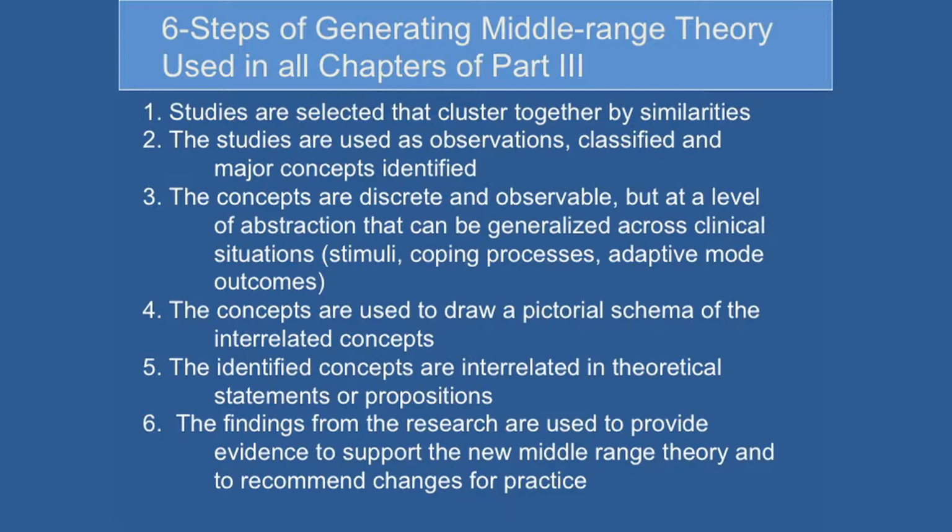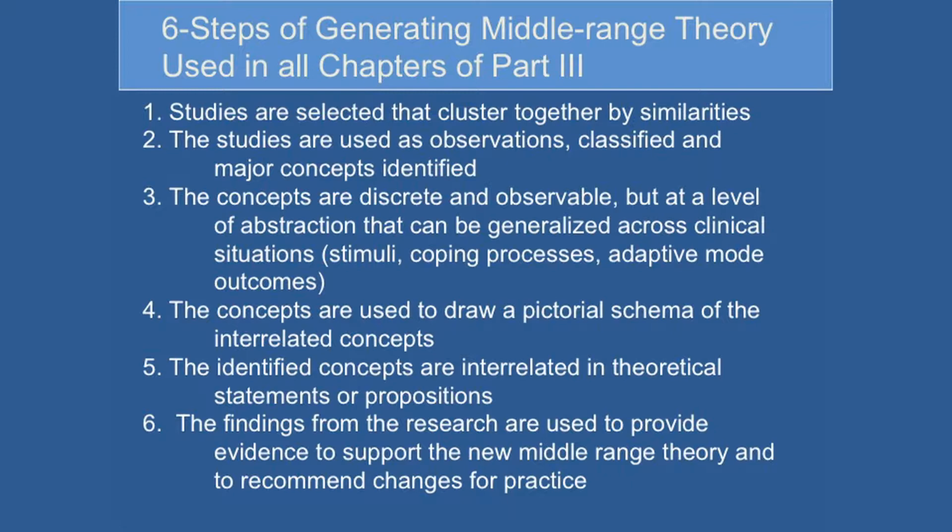Step 4 of the process relates to the fact that the concepts are used to draw a pictorial schema of the interrelated concepts. The next step follows on that, where the interrelated concepts are stated in a theoretical statement, also called a proposition.